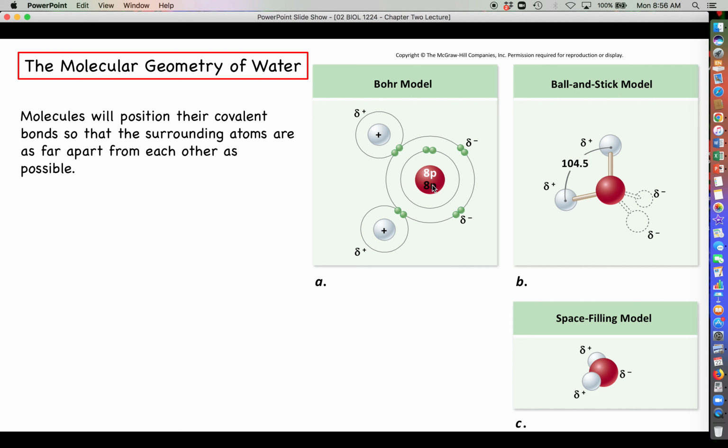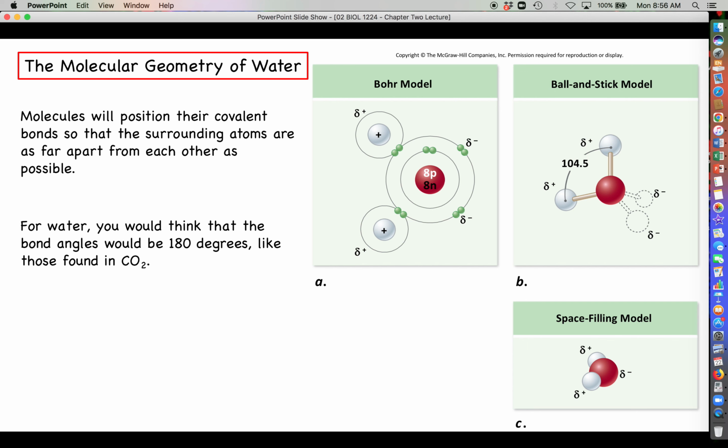Now, if you just look at water here, you can see that that doesn't really appear to be the case, right? You've got a hydrogen atom over here and a hydrogen atom over here. They look like they're kind of close together. It seems like water could do a better job of getting those hydrogen atoms further apart from one another. So for water, you would think that the bond angle would be 180 degrees, which is what you would see for a similar molecule like carbon dioxide, something that also contains a total of 3 atoms.